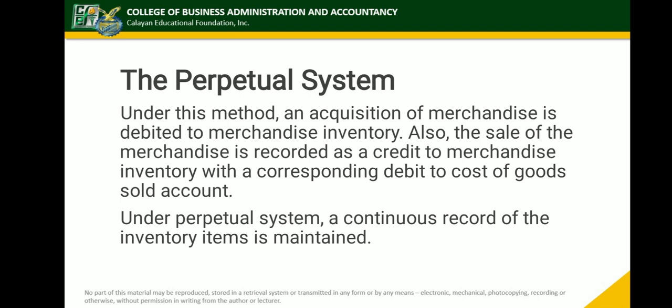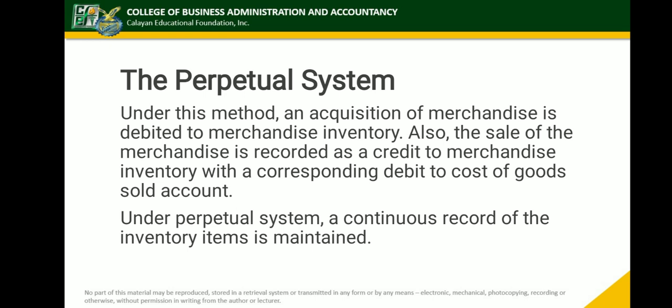So, under perpetual system, a continuous record of the inventory items is maintained. Remember, yung mga account titles that we are using under periodic, such as purchases, purchase returns and allowances, purchase discount, and even freight in, they are no longer allowed to be used when we are using perpetual inventory system.